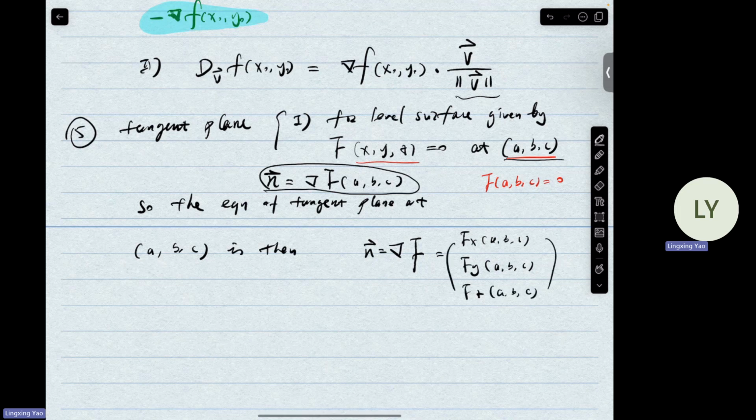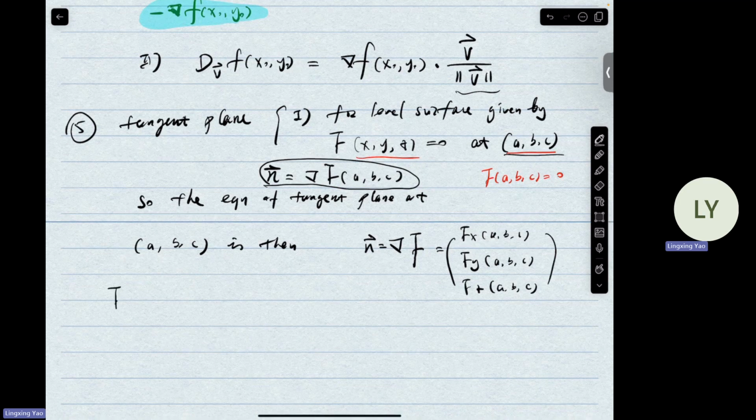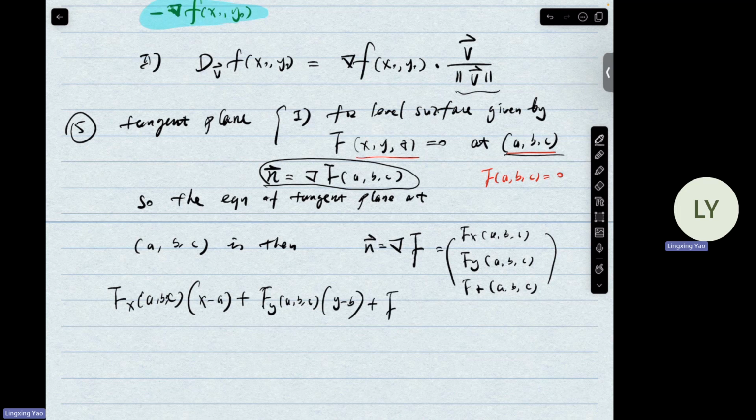Okay, so the equation is given by the first component of the normal vector times x minus a, plus partial F partial y at ABC times y minus b, plus partial capital F partial z at this point ABC on the level surface multiplied by z minus c. This is the equation of tangent plane for this level surface given by this equation.